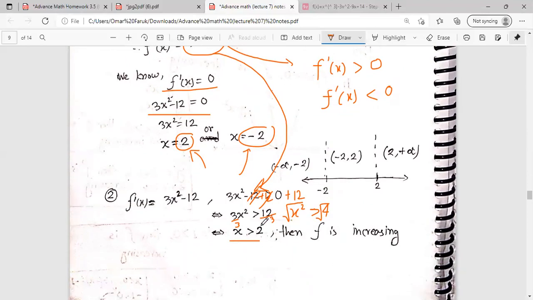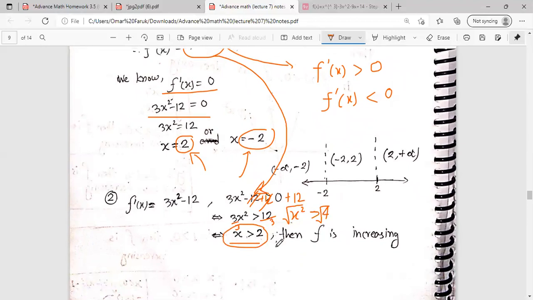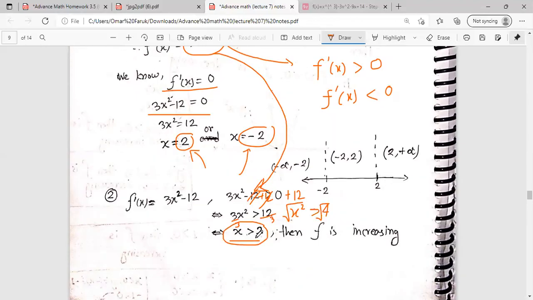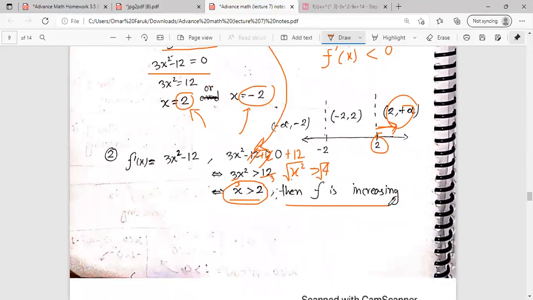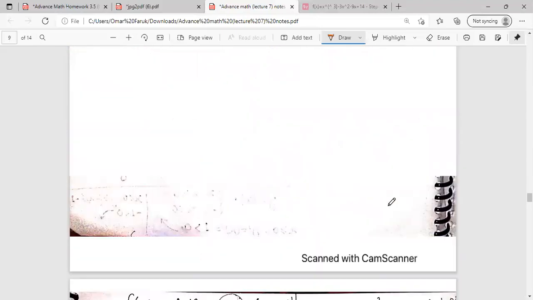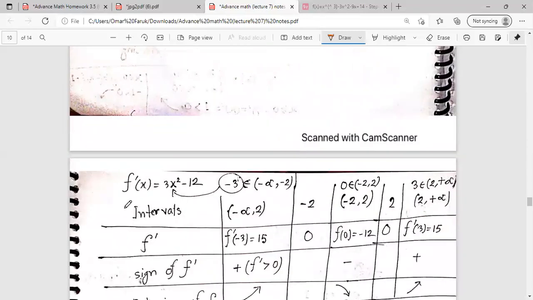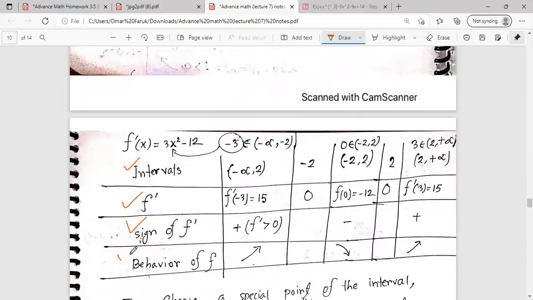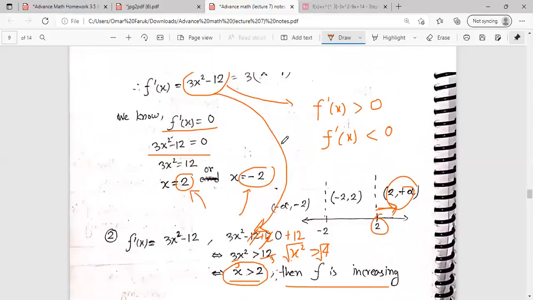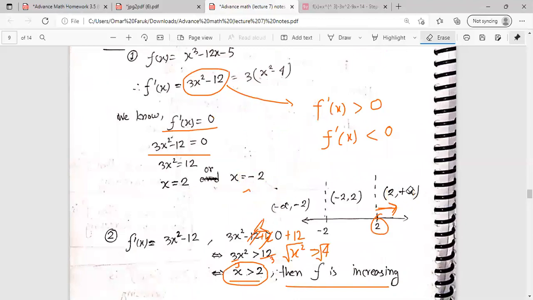So as x is greater than 2, that means you can see here, this is our 2, and greater than 2 means 2 to plus infinity. So this function is increasing. To make it more clear, you just need to draw this table. I already discussed it before. Our critical points are 2 and minus 2.